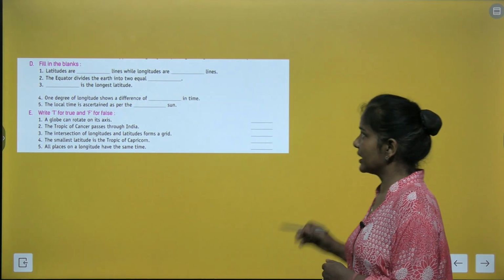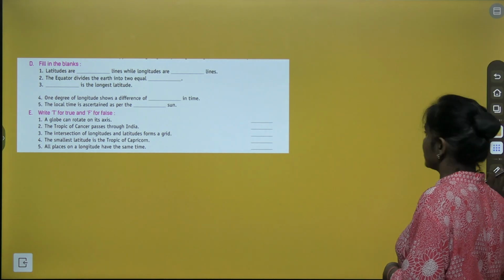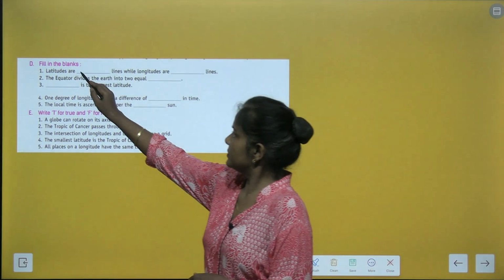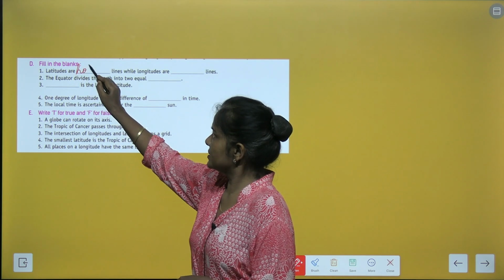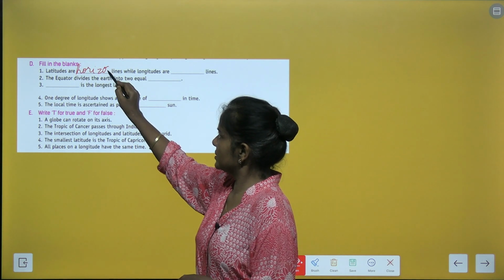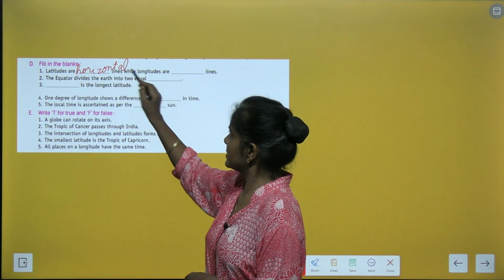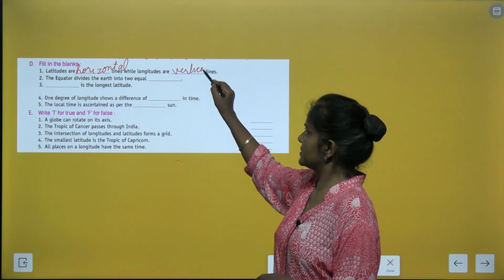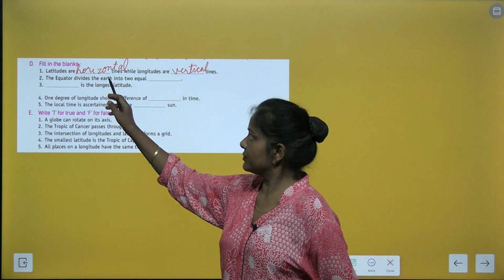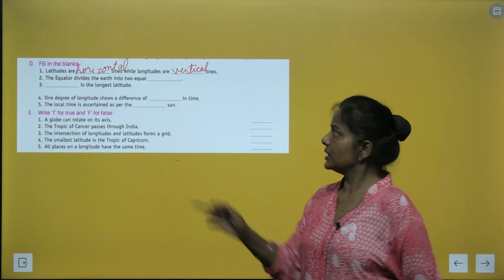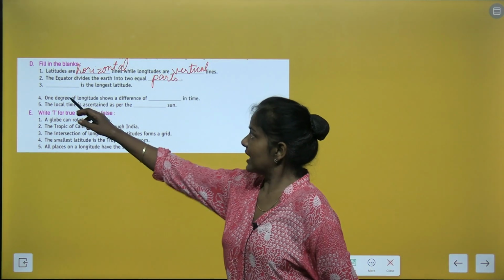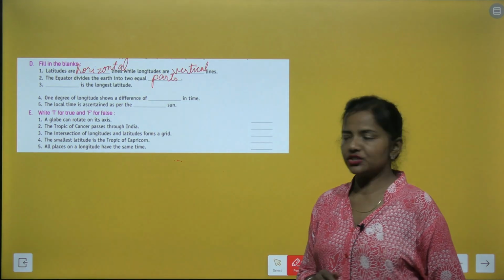Now children, we'll fill in the blanks. Latitudes are dash lines while longitudes are dash lines. Latitudes are horizontal lines while longitudes are vertical lines. The equator divides the earth into 2 equal parts. Dash is the longest latitude.